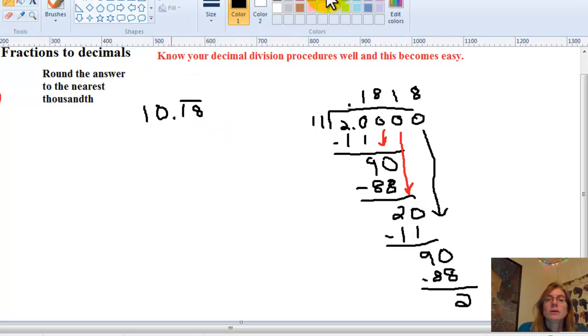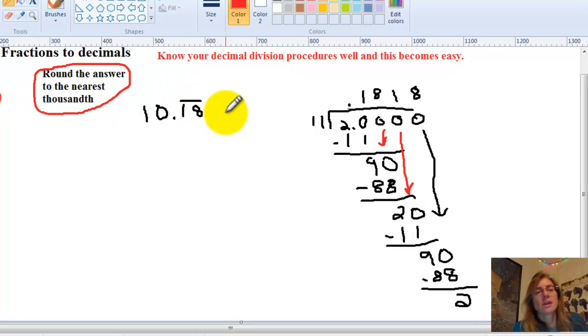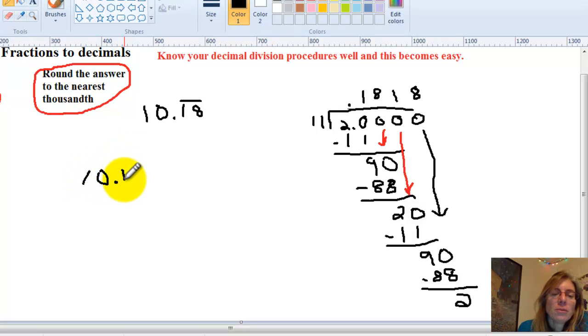To round, now to go to my added step, it didn't ask you to do this, but this could be on the test. When you round this answer here to the nearest thousandth, what you have to do is add more numbers. So you have 18, so write down another 18.